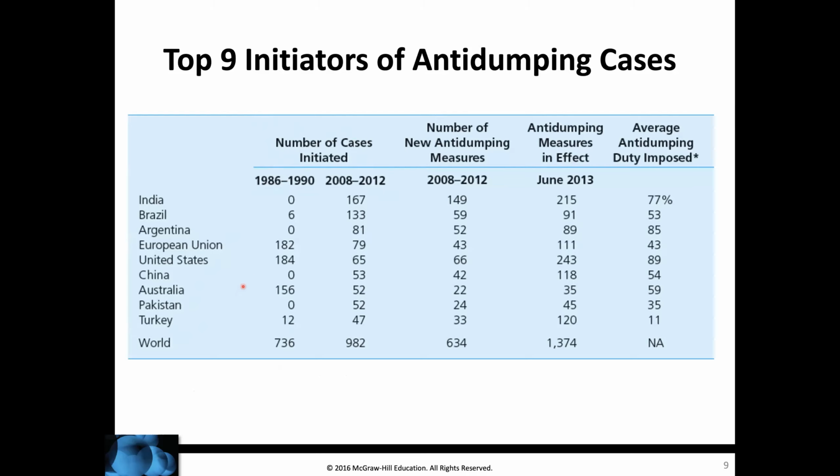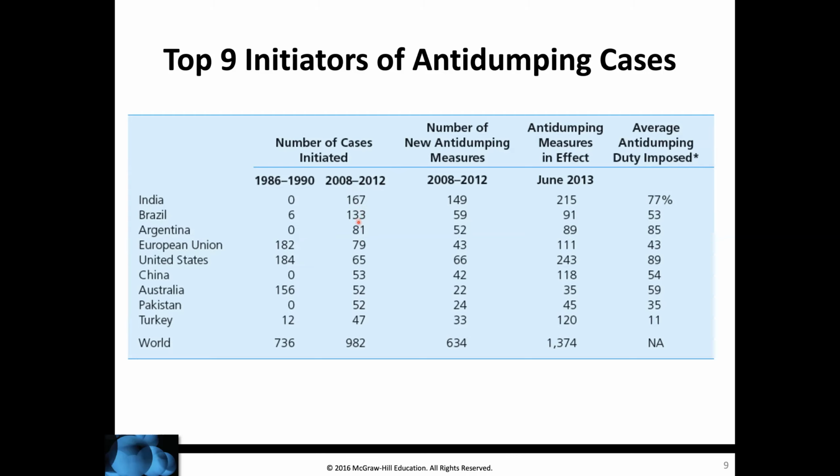We can see that the EU and the US participated significantly, as well as Australia, and a little bit Turkey. But look at the later years, 2008 to 2012: India, and the number of cases that they initiated versus some of these other countries.